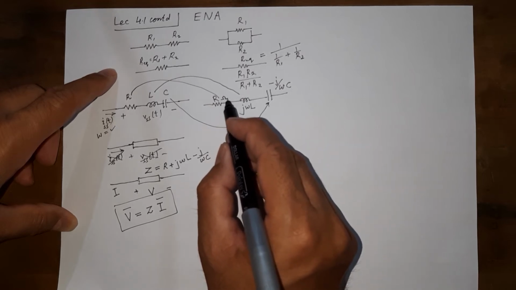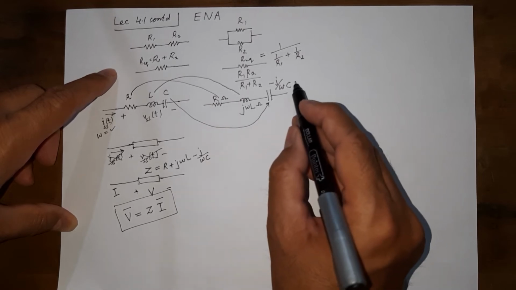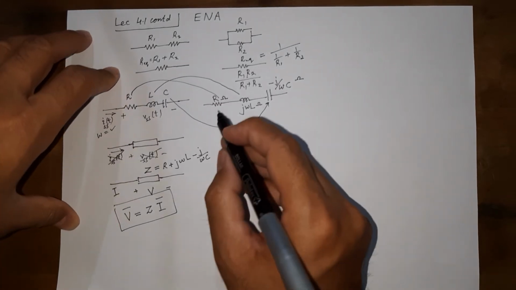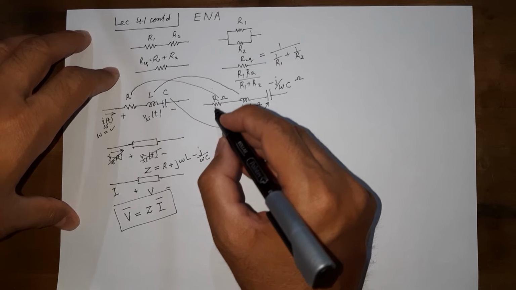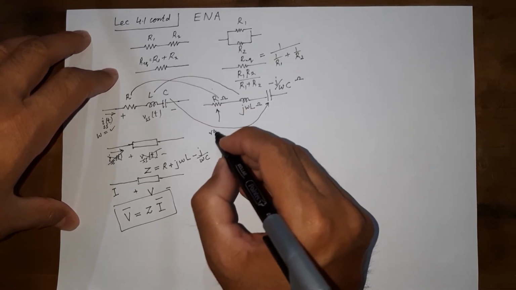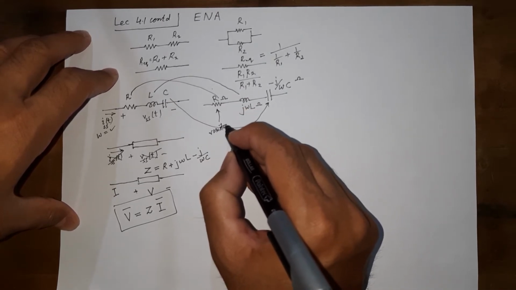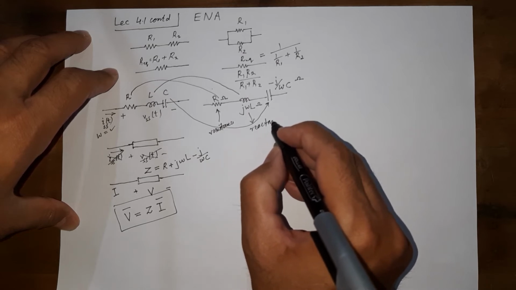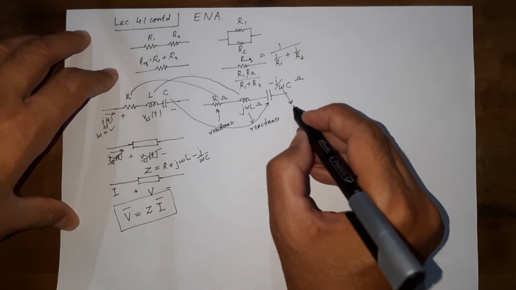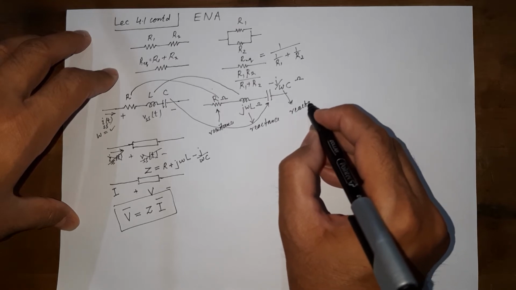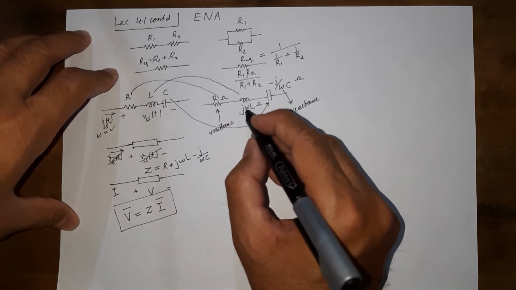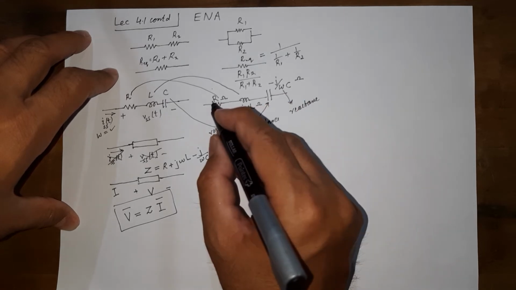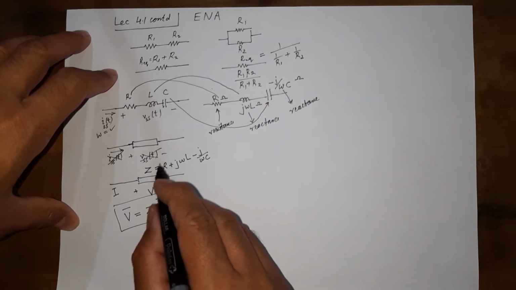Because this has a unit of ohm, this has a unit of ohm, this has a unit of ohm. This is a resistance, a real quantity. This is a reactance, it is an imaginary quantity. This is a reactance, it is an imaginary quantity. It is positive imaginary, it is negative imaginary. These two can be added together. This cannot be added with them, as this is a complex number.